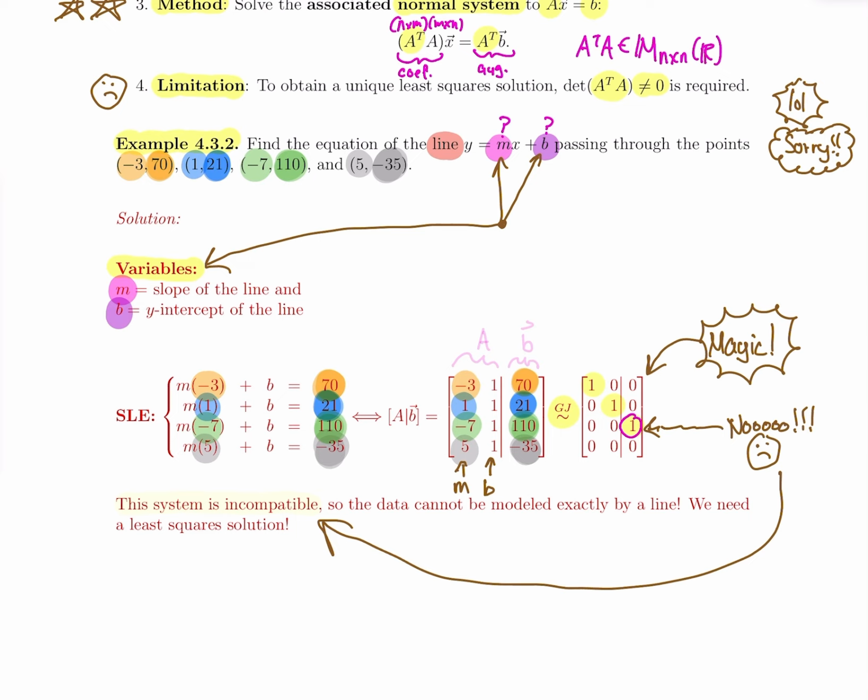Normally, if you don't know about least square, you would say, oh no, the system is incompatible, and you would just cry in a corner forever. But now we're better equipped. We're going to be building the normal system. So the advice here that I have: always label nicely from your augmented matrix.